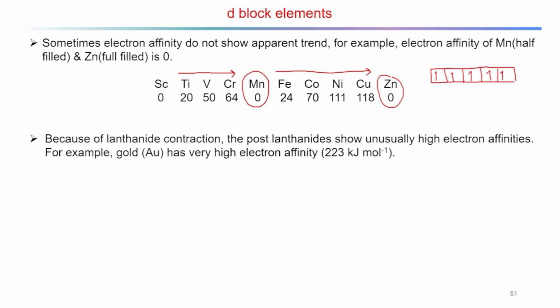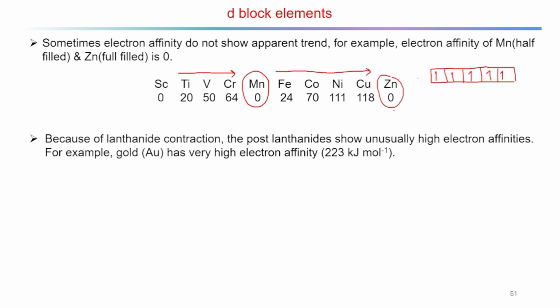I have already taught you that when it is in a half filled situation, the exchange energy is very high. Exchange energy contributes to the stability of the atom, right? So these 5 electrons have much higher exchange energy. That's why it is a very stable structure. And this manganese atom doesn't want an additional electron. If an additional electron comes, it will sit here and do the pairing. Manganese does not want that. That's why this half filled configuration has 0 electron affinity.